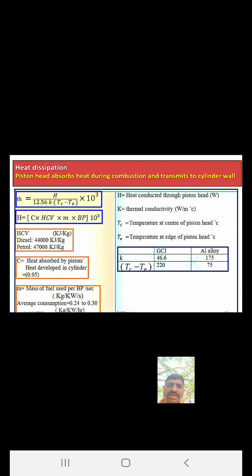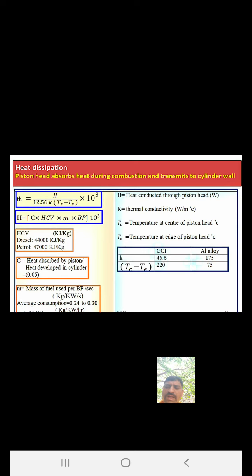Tc is the temperature at the center of the piston head, and Te is the temperature at the edge of the piston head. This K value and Tc minus Te value you have to choose as per the material. You have the cast iron, alloy cast steel, aluminum alloy steel, and allowable tensile stresses are also given related to that material.